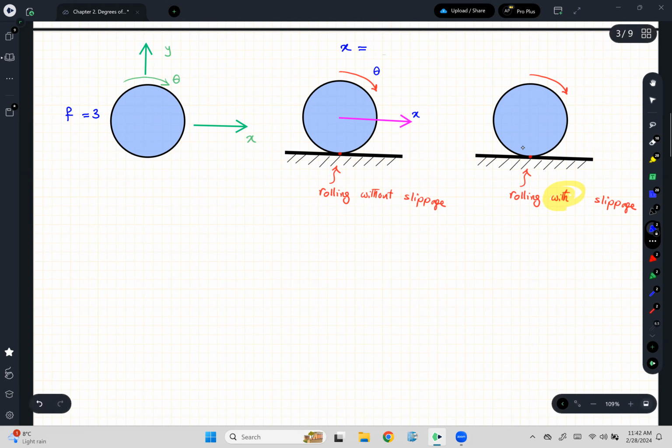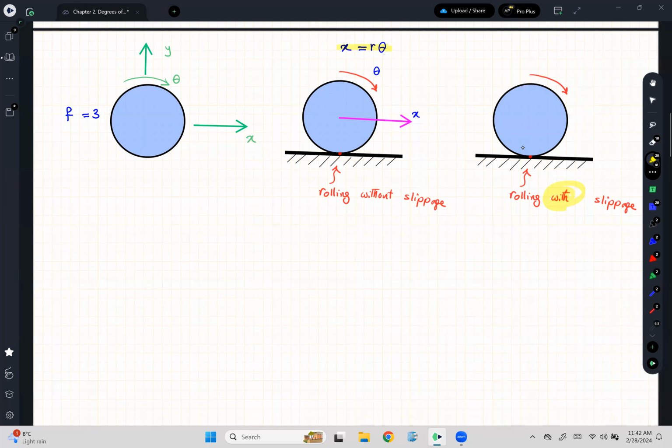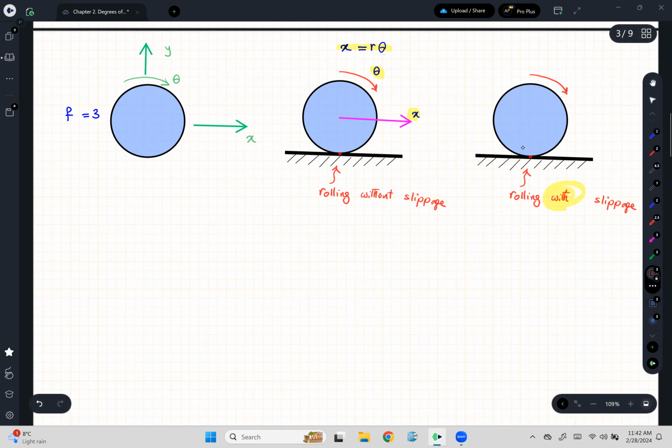So in other words, this system, when it rolls, I do not need 2 pieces of information. I do not need X and theta at the same time. If I know one of them, I'm good to figure out the other one. All right, so we're going to highlight this one so we remember it, that X is always equal to R theta when there is no slippage.